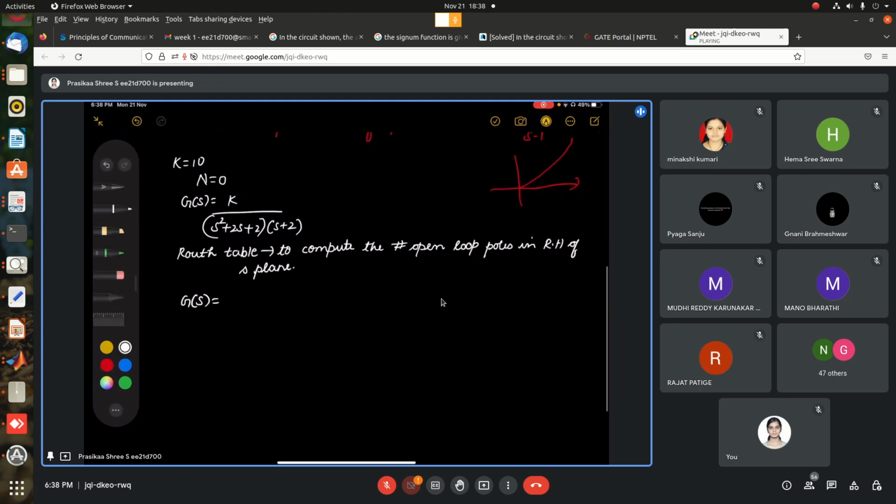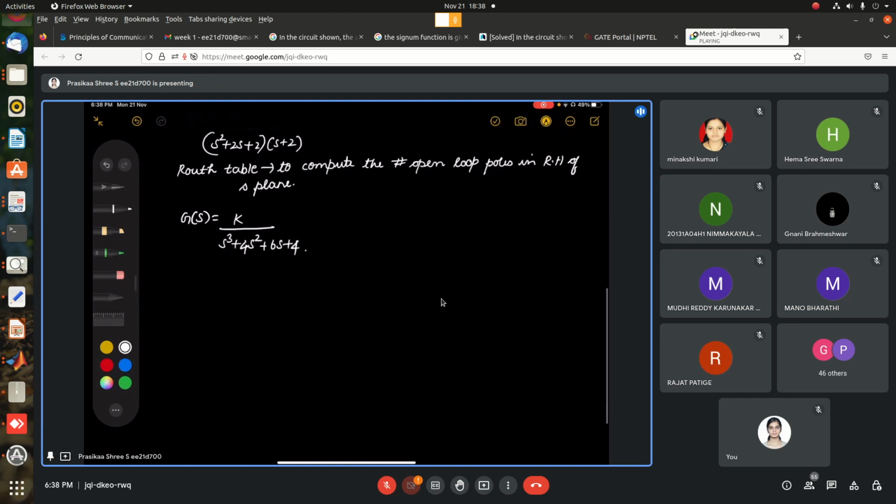So G of s is equal to K by s cube plus 4s square plus 6s plus 4. So this is the open loop transfer function.